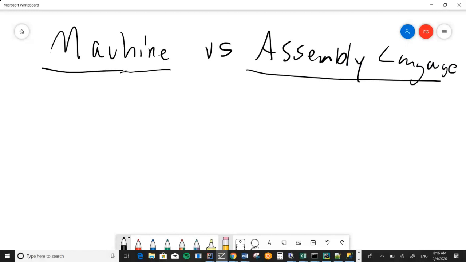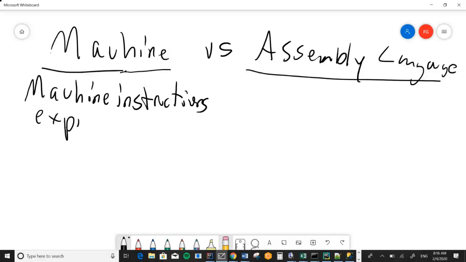Strictly speaking, when we're talking about machine language, we're talking about machine instructions expressed as numbers. Thinking about a machine instruction expressed by a number more readily enables us to relate the idea of a machine instruction back to the idea of a circuit, which we've been exploring in a lot of detail.